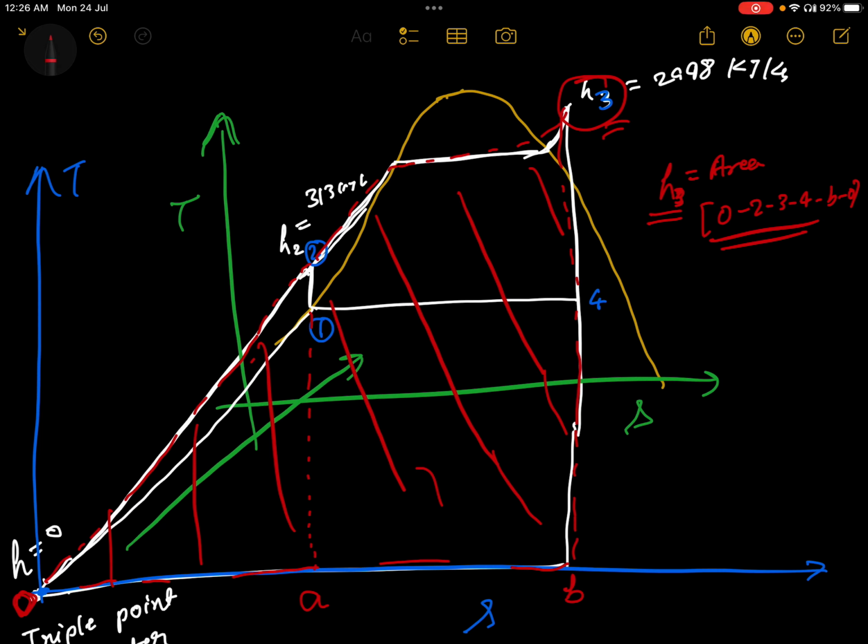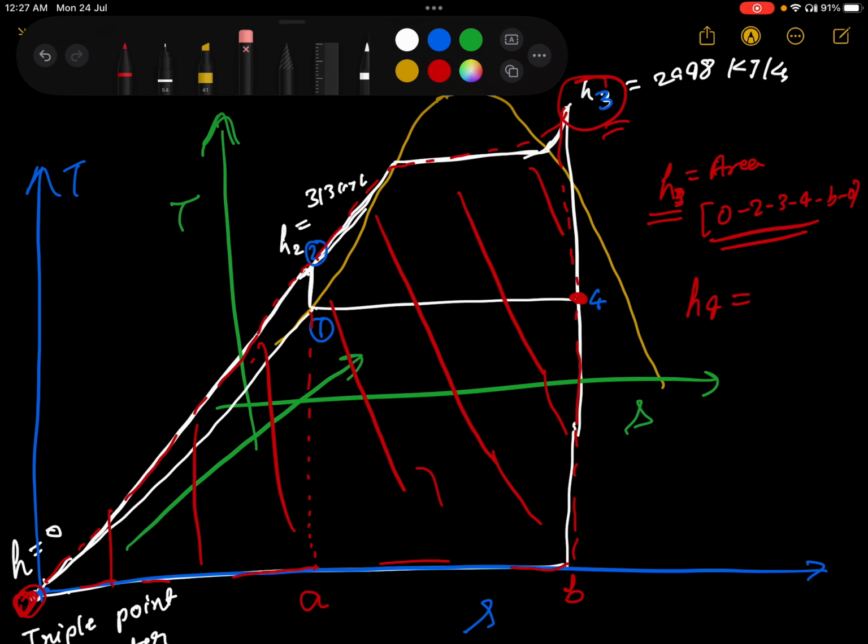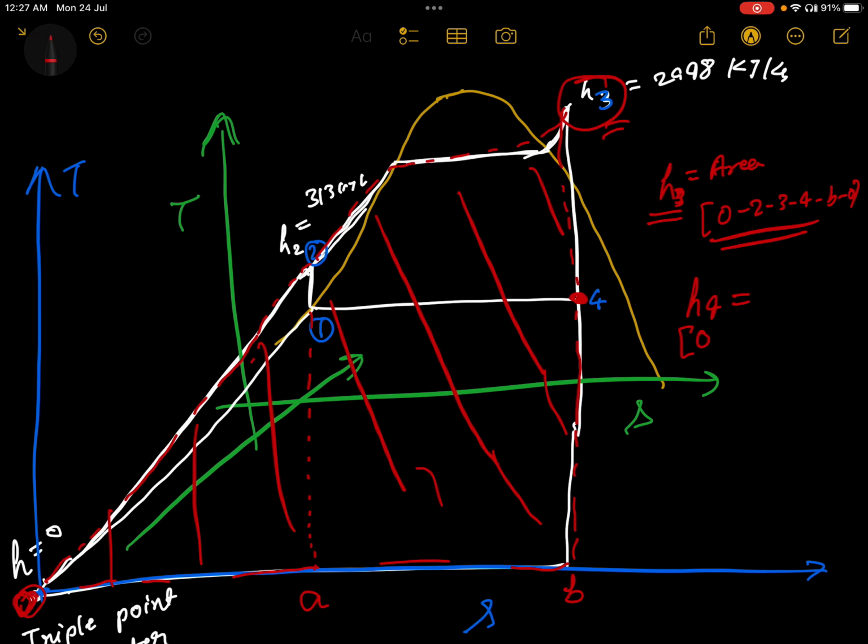And what about the area of H4? If we want to find the area H4, it is 0, 1, 4, B, 0.